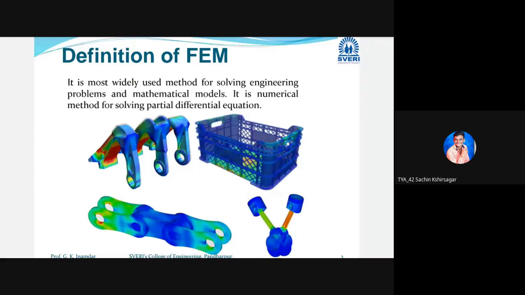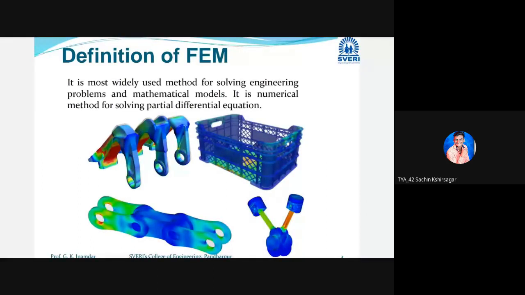This is the hidden part of FEM. We are not concerned with that numerical method, because the programs are already filled in the ANSYS software. What is our duty? To change only the properties, only the inputs of that component.